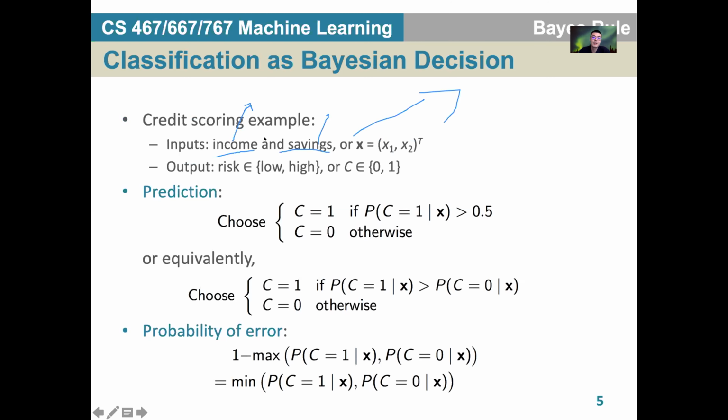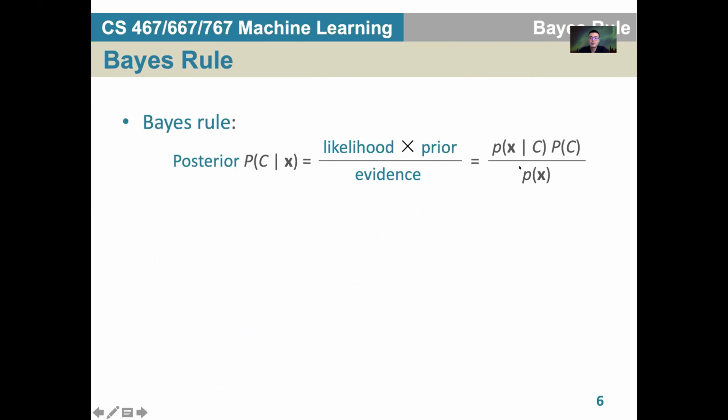If you see somebody with a very big income, 1 million, and the savings is 0, it's even lower. If you keep making money while you don't have any savings, there's some distribution there, but we don't know exactly what distribution it is. This is an assumption, so there will be some P. Actually, we don't care about them, we'll explain later. These are what you see, x1, x2. What's the probability? And this is the prior.